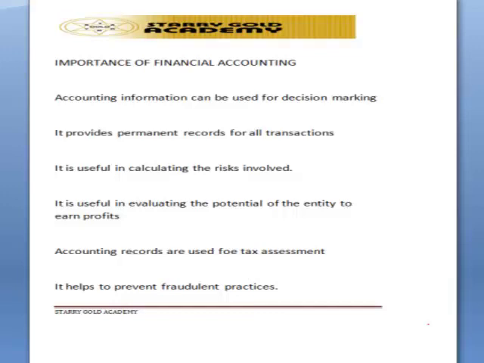Although the accounting processes use previous economic activities of an entity, we still have some importance of financial accounting. Let's look at them together as it appears on the screen. The first is that accounting information can be used for decision making.